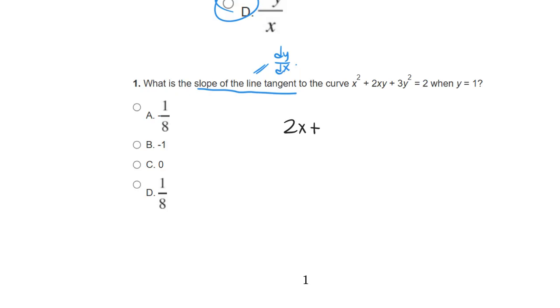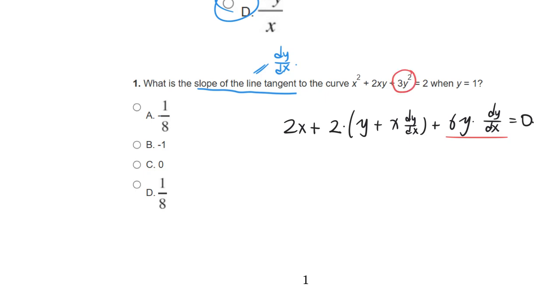That's going to give 2x plus 2 times the derivative of xy, which is y plus x dy over dx, plus 6y times dy over dx is equal to 0. If I jumped a little fast for this last step, notice the inner layer is y, so you first take the derivative of this whole thing with respect to y, and then you take y with respect to x, which is just this thing.